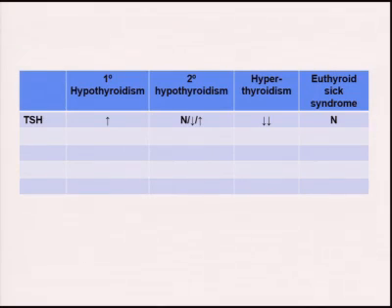So the first row in our table, TSH, again, high in primary hypothyroidism. Now in secondary hypothyroidism, so what would that refer to? Well, a central problem, your pituitary or brain or hypothalamus, your TSH becomes unreliable. The main abnormality classically is that your thyroid hormone level is dropping and your pituitary doesn't respond appropriately.